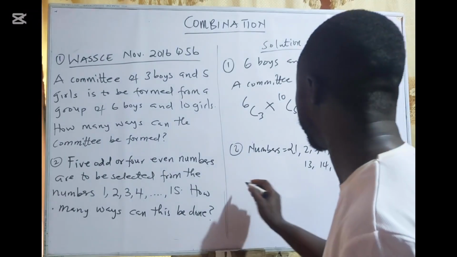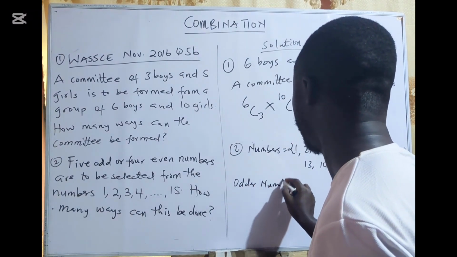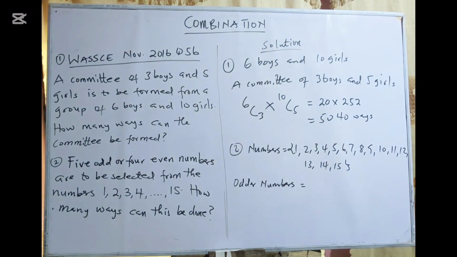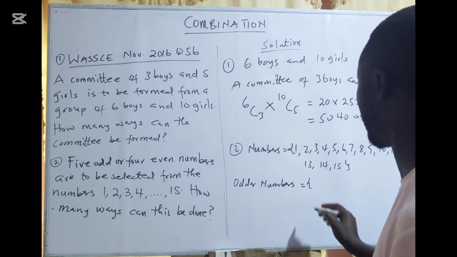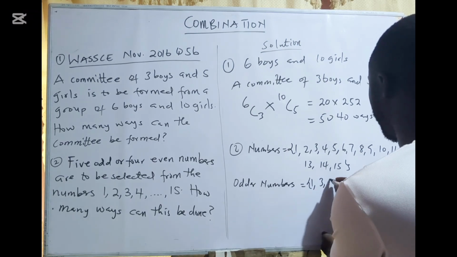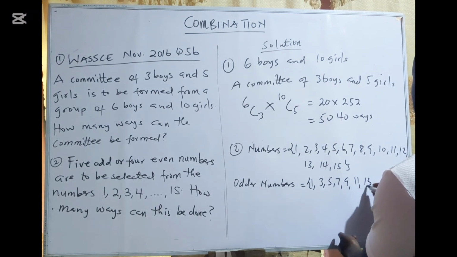Okay, yeah. So either 5 odd or 4 even. So let me know the odd numbers. How many odd numbers am I selecting? 5. So the odd numbers, that will be what? 1, 3, 5, 7, 9, 11, 13, and then 15.